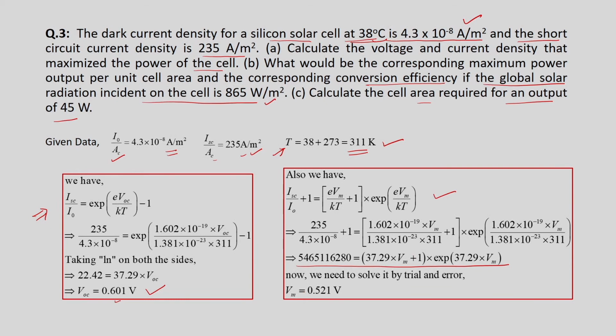Then we can see which one is closer, and finally decide the exact value of VM which satisfies this equation. So, this VM will be 0.521 volt for this case.